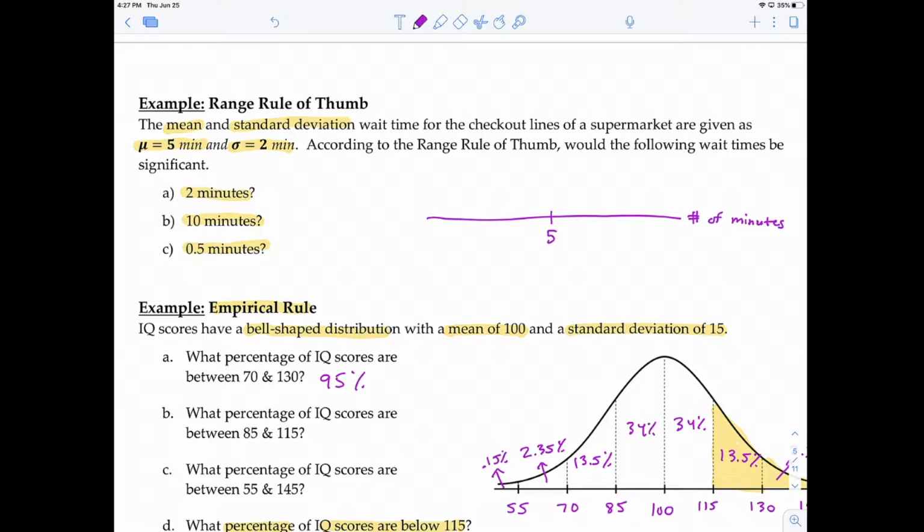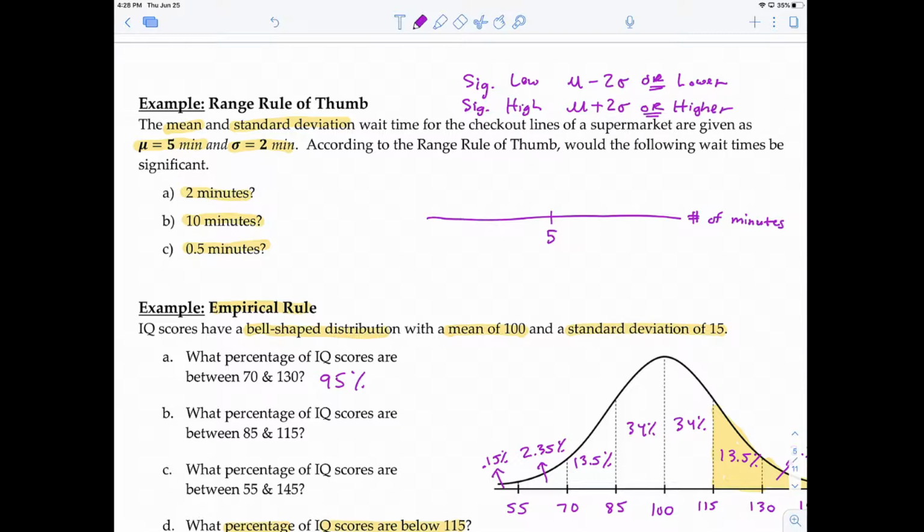We know that the significantly low values are the mean minus 2 standard deviations or lower, and the significantly high values are the mean plus 2 standard deviations or higher.